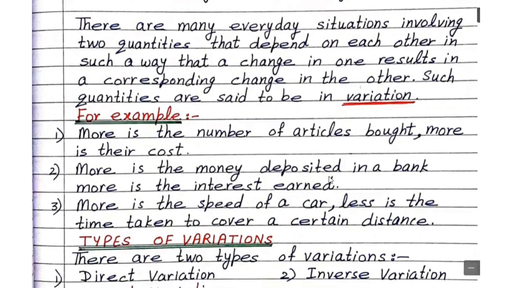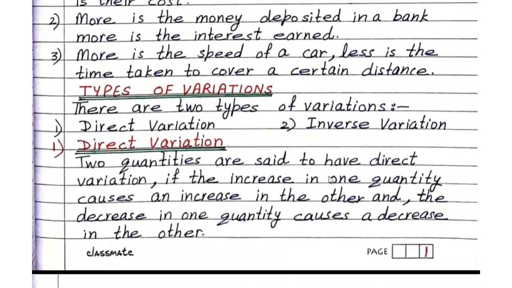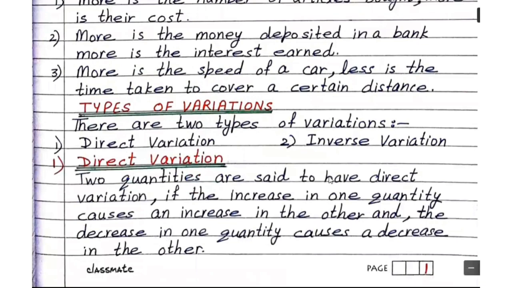Now children, we have two types of variations. The first one is direct variation and the second is inverse variation. Now let us discuss direct variation.